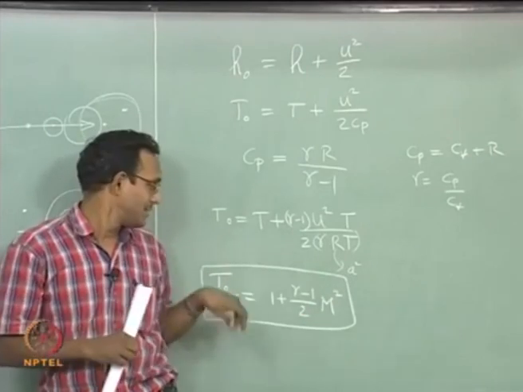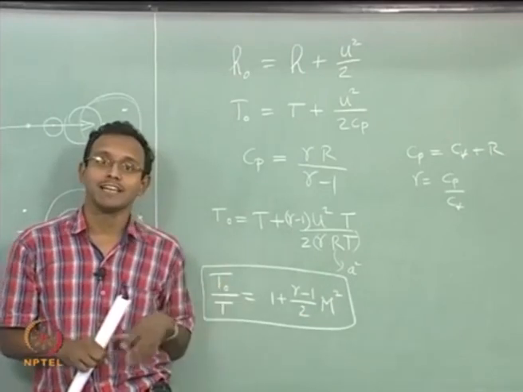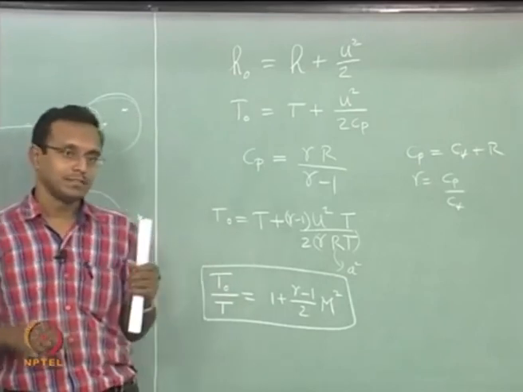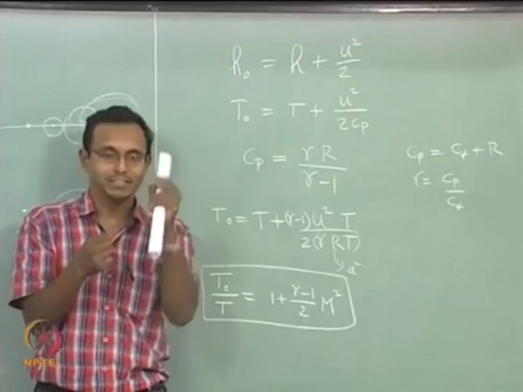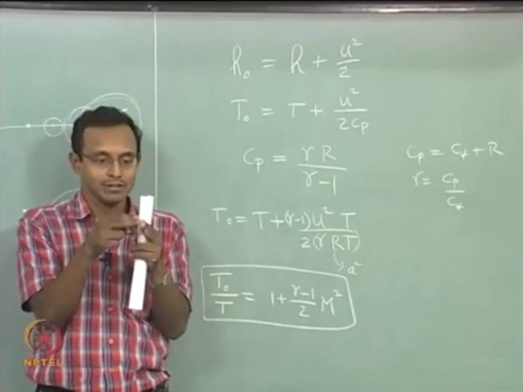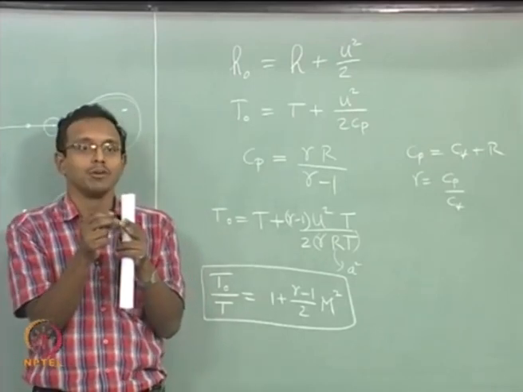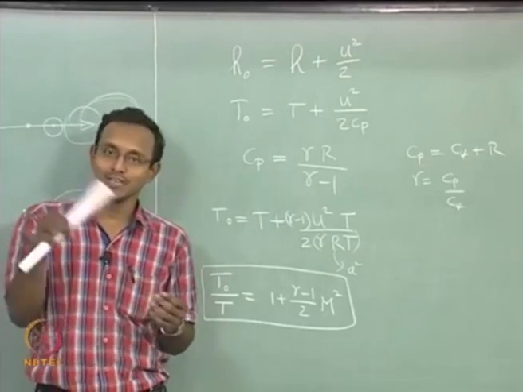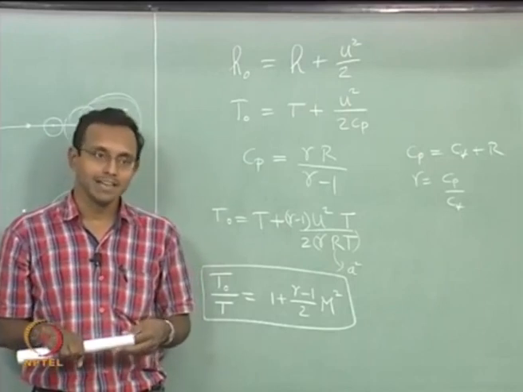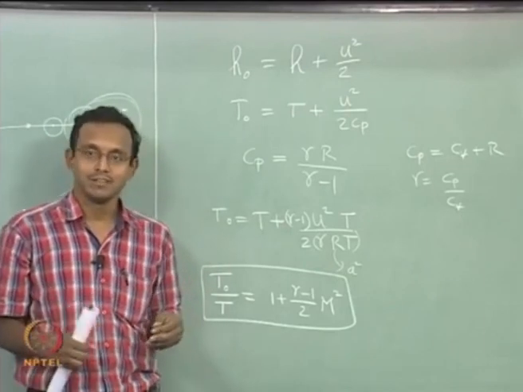If that is the case, then I will get this T, static temperature. But if I am sitting at one point, making the flow come to rest at my thermometer or thermocouple, then I am going to measure stagnation temperature. That is, I am bringing the flow to rest and then measuring the temperature there.